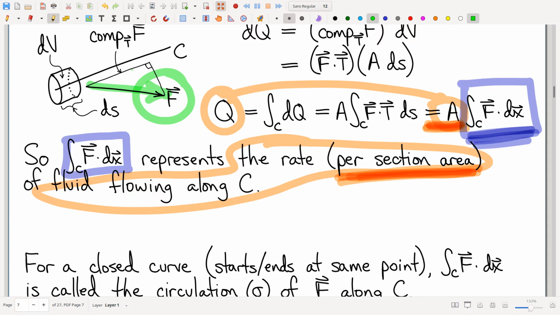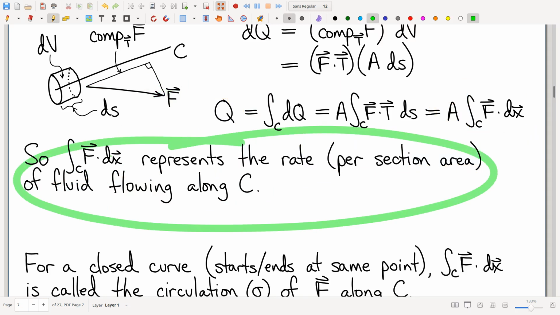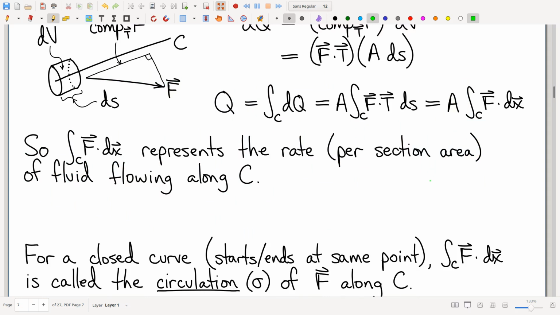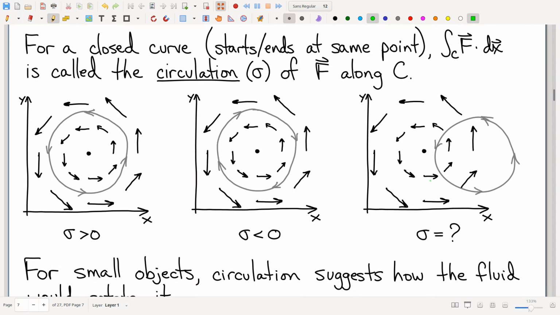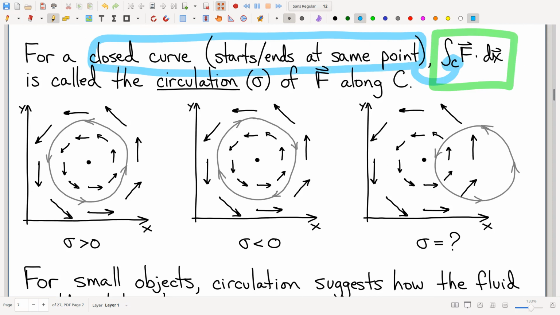Okay, now we're going to talk about a special case of this. This statement is true in general, but we tend to focus on the following special case, namely how to make sense out of a vector line integral when our curve is a closed curve.